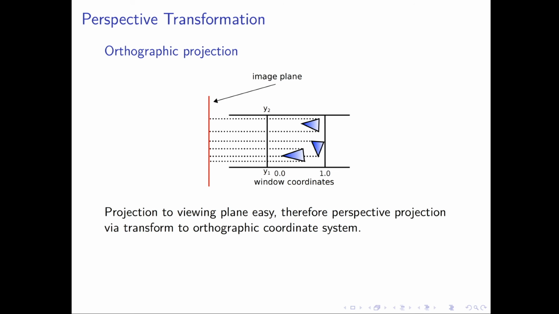And the transformation to orthographic coordinates and to an orthographic frame of reference, as the normalized device coordinates are, as also the window coordinates are, makes it much simpler to, in the end, project our primitives to the image plane, because there we have an exact correspondence between vertex positions, which are 2D, and positions on the image plane.